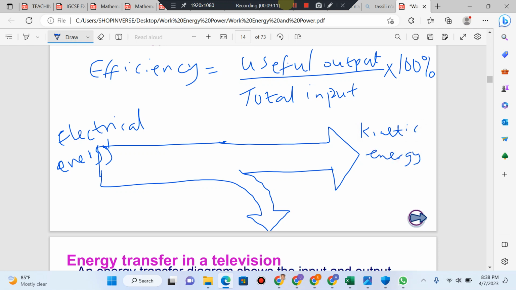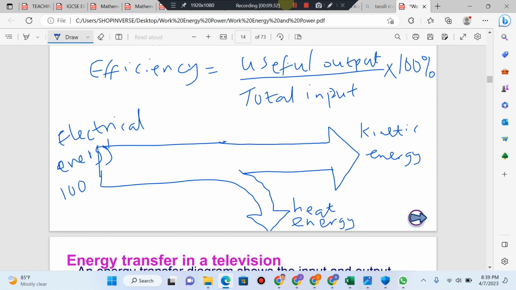The wasted energy in this case is the heat energy, and that is what happens when you touch the coil of the fan. It will be very, very hot. So the wasted energy is the heat energy.